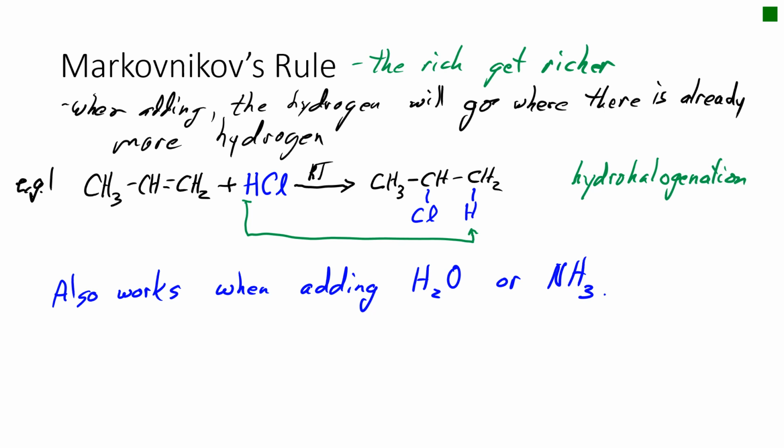When you're adding H2O, you have to break it up into an H and OH, and when you're adding ammonia, you have to break it up into an H and then an NH2. So that's how that works. Moving on to the next slide.